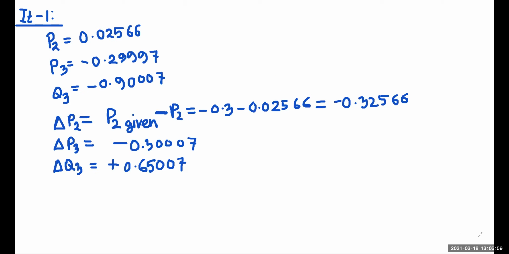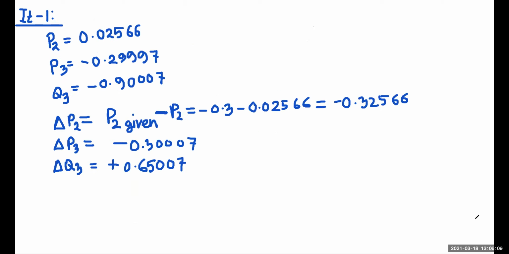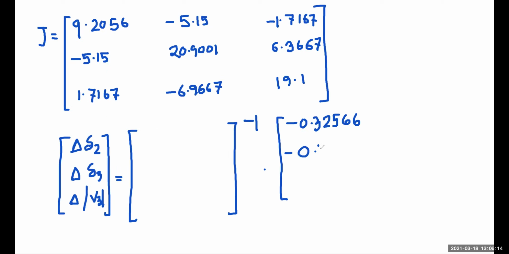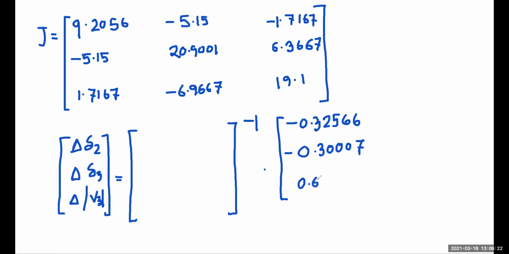What is your del p2? 0.3256 minus 0.3256. Next one is how much? 0.3007. Next one, 0.65007. You got something here, right?